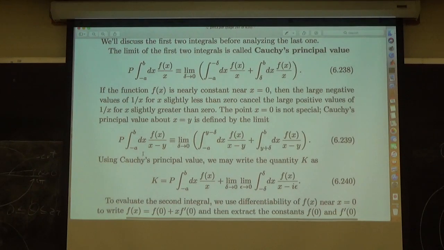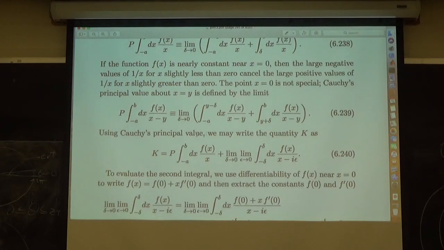The Cauchy definition, the principal value at a point y, is again you integrate from minus a to y minus delta, and then you go from y plus delta to b. And so using Cauchy's principal value, we can write this quantity k as the principal value of the integral plus a double limiting process here.